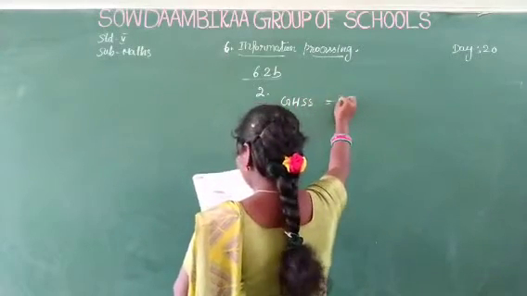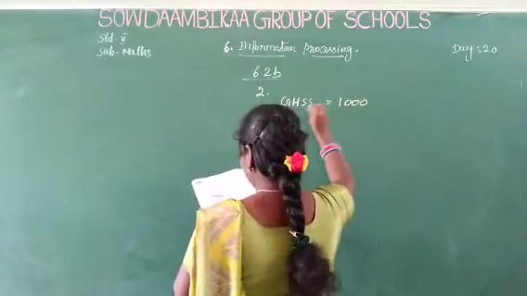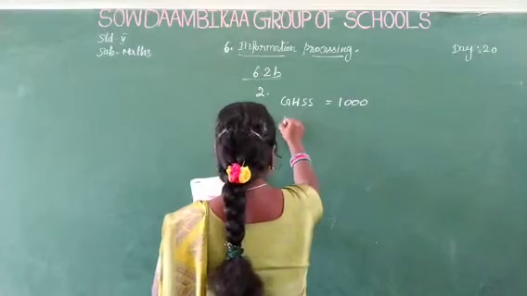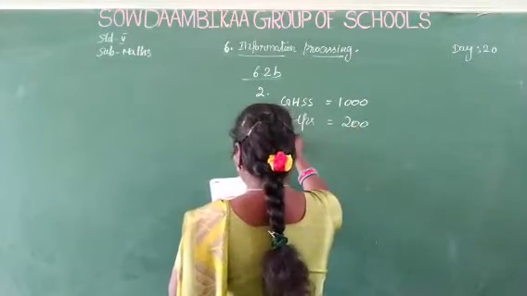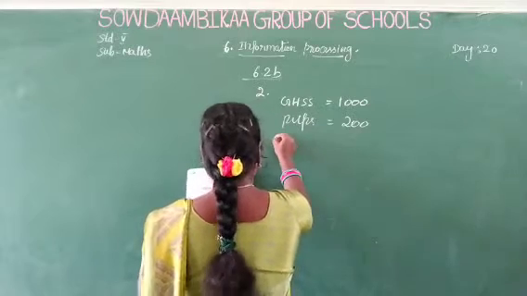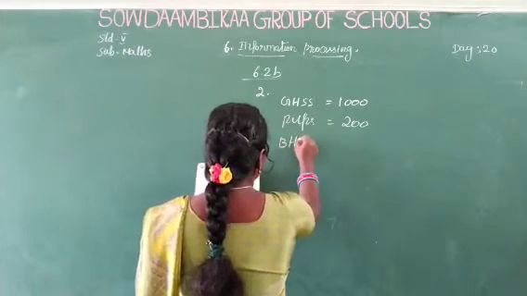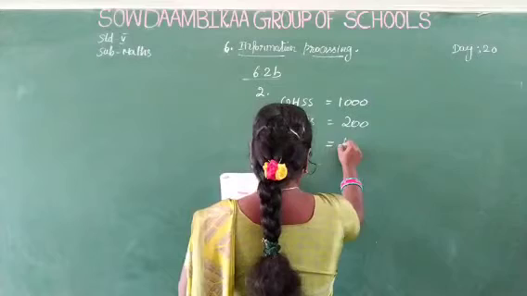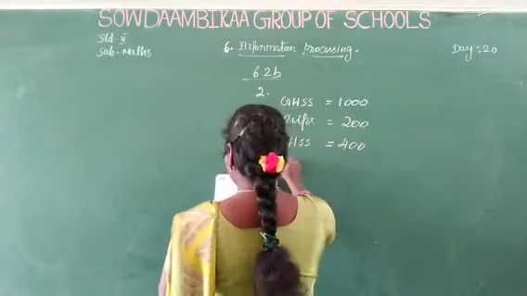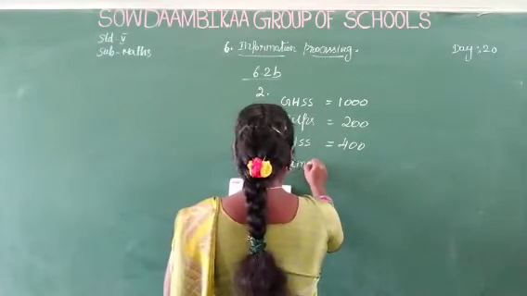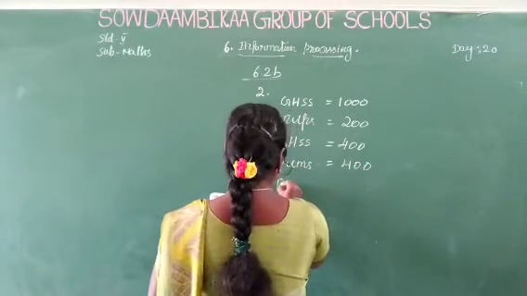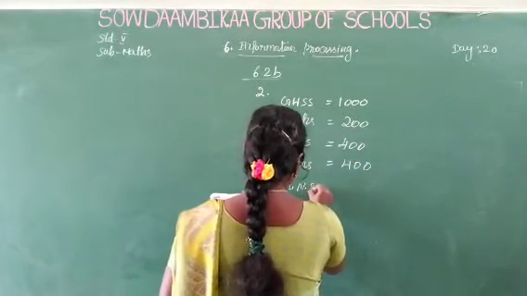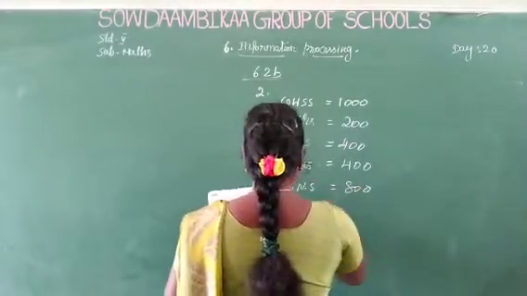Next, PUPS, 200 people. People means students. Boys High Secondary School 400. 5th standard, PUMS 400, and private nursery school 800.